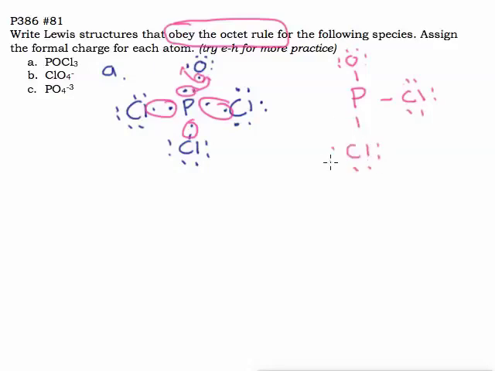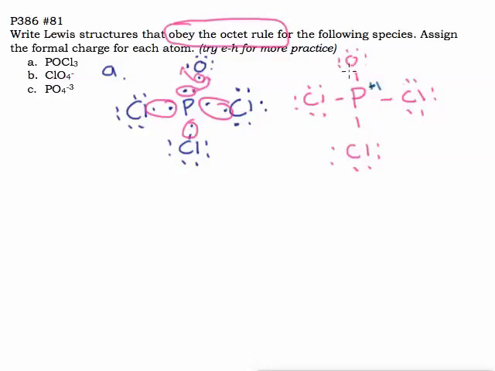Now to calculate our formal charge, we do number of valence electrons on the neutral atom minus the number assigned to it in this molecule. To count the ones assigned to it in the molecule, each unshared electron is counted, but for every shared pair we only count one of the shared electrons. So for example, phosphorus had 5, but now it has 1, 2, 3, 4. So 5 minus 4 gives us a formal charge of positive 1.